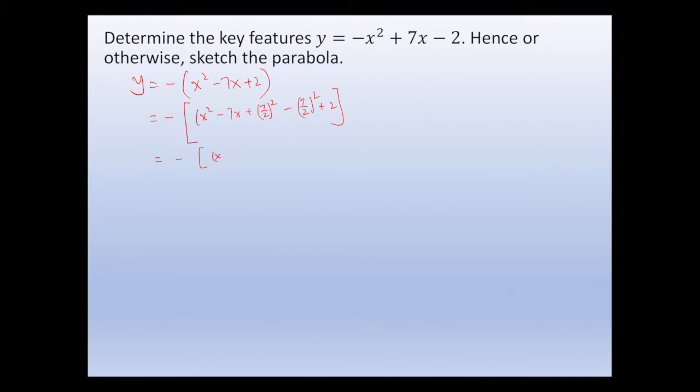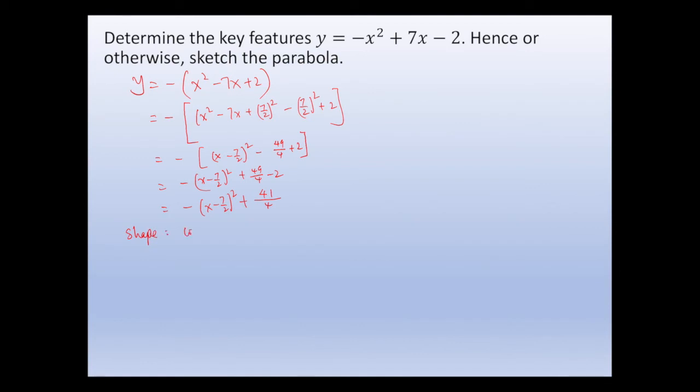Alright, so that equals minus (x minus 7 over 2) squared minus 49 over 4 plus 2, which equals minus (x minus 7 over 2) squared plus 49 over 4 minus 2. Multiply the minus in, and therefore I've got minus (x minus 7 over 2) squared plus 41 over 4. 49 minus 8 is 41.